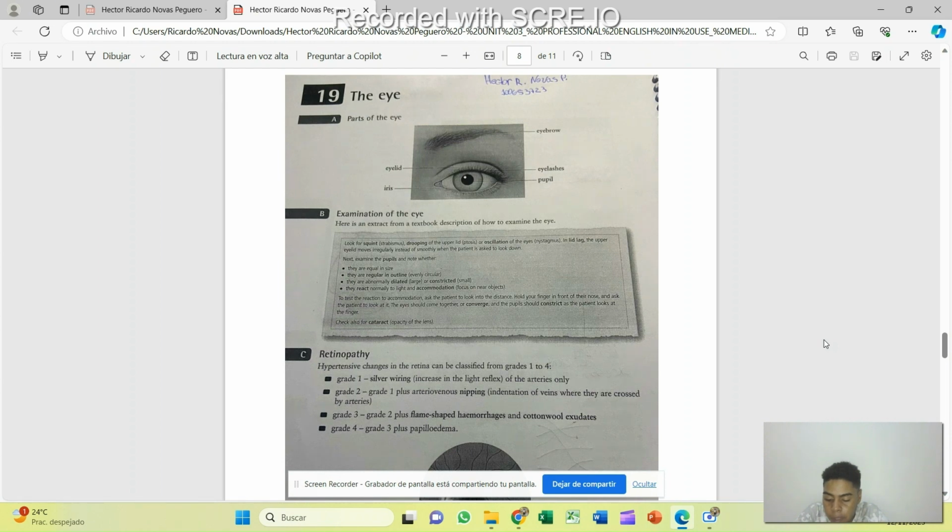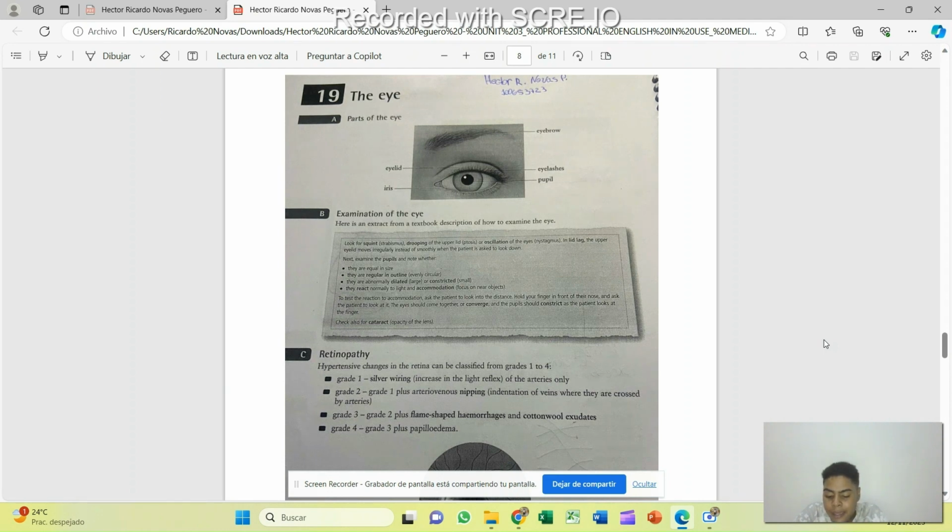They are abnormally large or small. They react normally to light and accommodation, focus on near objects.